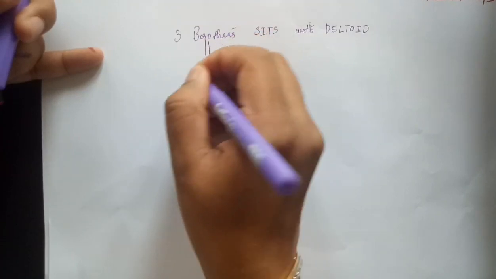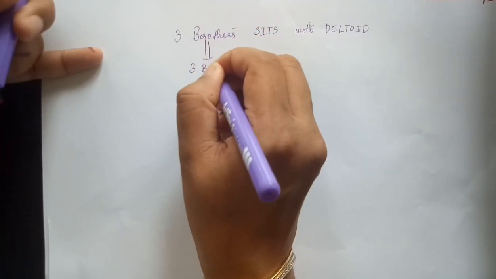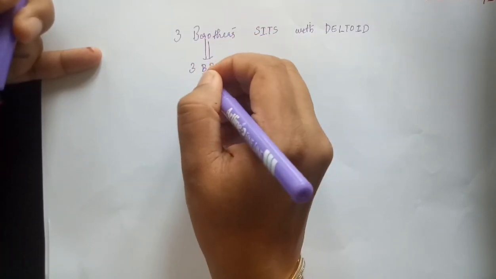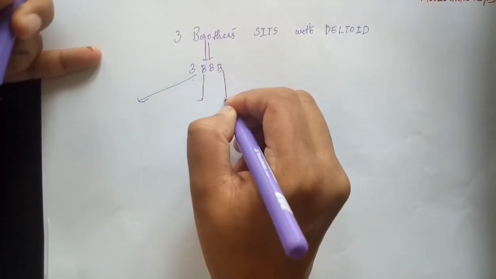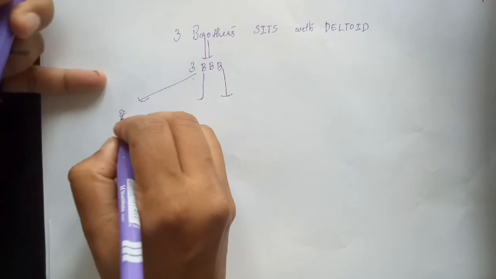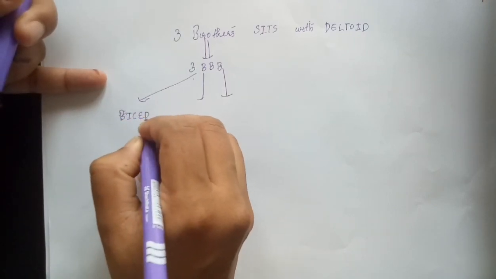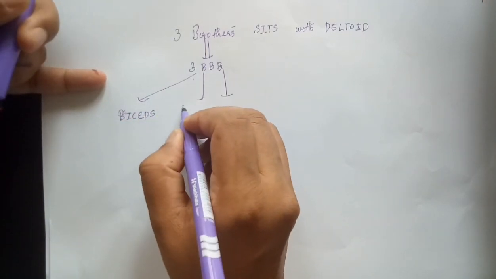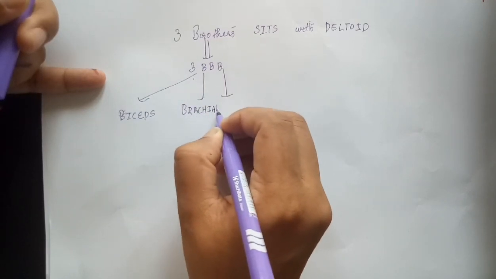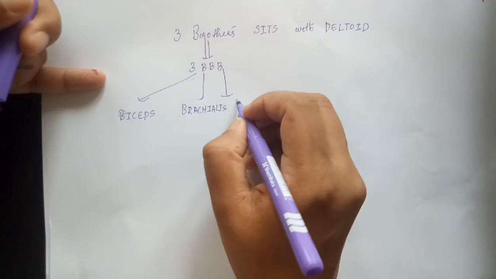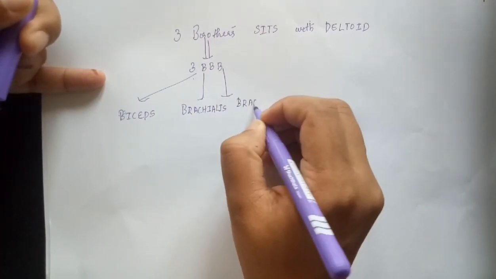The three brothers means three muscles starting with the letter B. These are biceps, brachialis, and brachioradialis.